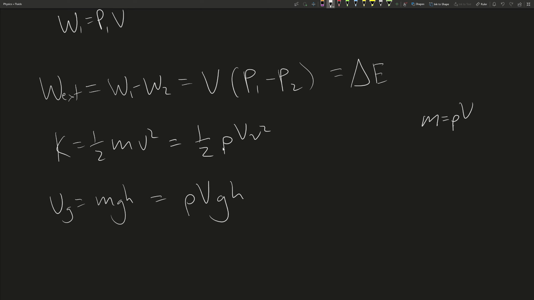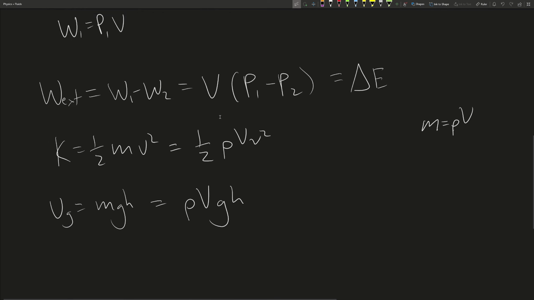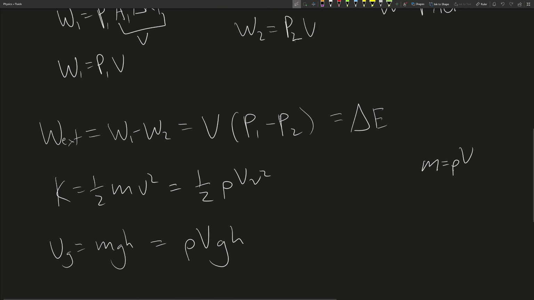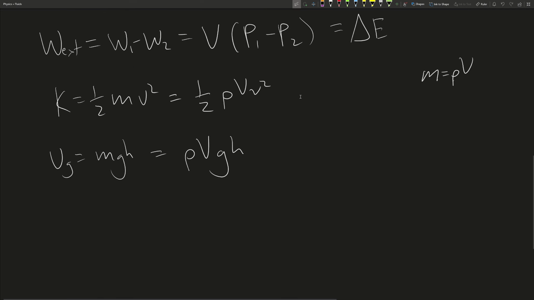Now the density, again, these are the same densities since the fluid is incompressible, and these are the same volumes as before too. So we know that the change in kinetic energy is going to be equal to 1/2 rho, since the density doesn't change and the volume doesn't change, times the change, which is final minus initial.